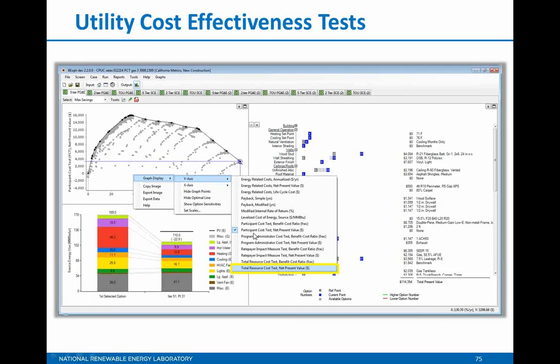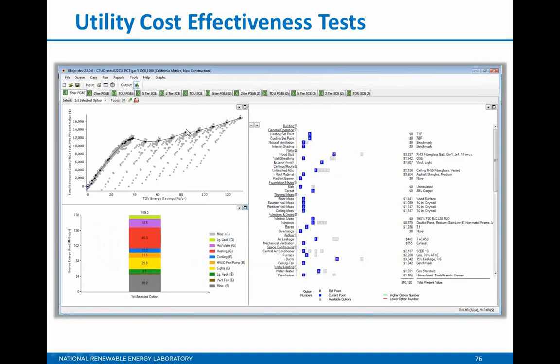The optimization was done for participant cost test, but if I would like to now display the total resource cost test instead, I can do this right-click pop-up menu and click here, and the display will change, and now I'm seeing the total resource cost test as a function of TDV.